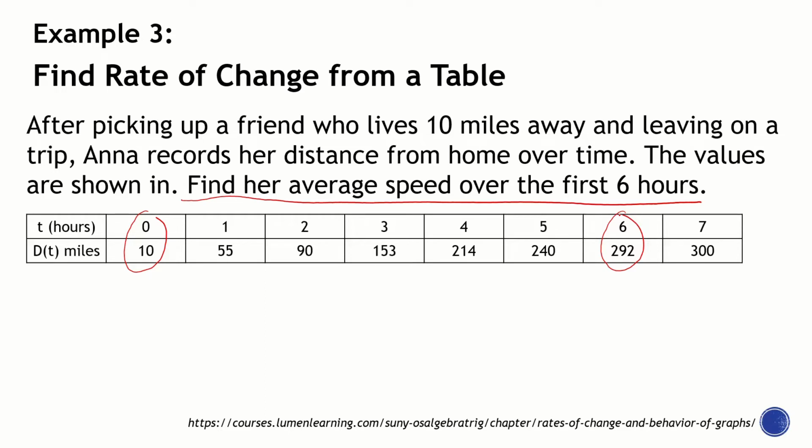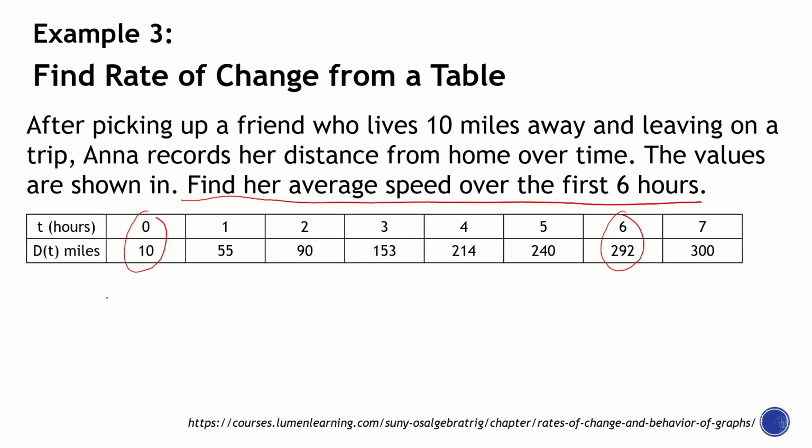All right. So how will you know if those are the 2 points that we will choose? Well, these are the first 6 hours of the travel time of Anna. So the output value will be the miles and the input value will be the hours. So hours in the denominator, and miles or the distance in the numerator.